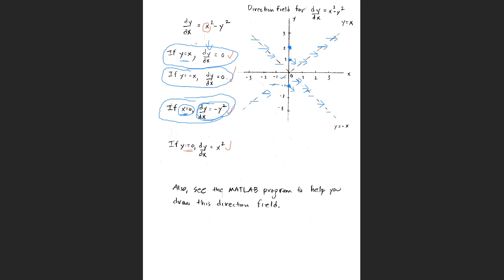What's the slope going to be there? Well, this point (0, 2) is on the y-axis, so that falls in this category. It would be -4, because if y equals 2, dy/dx is -2 squared, and that's -4.